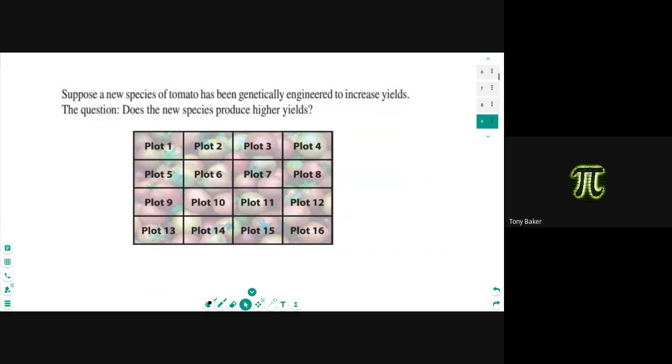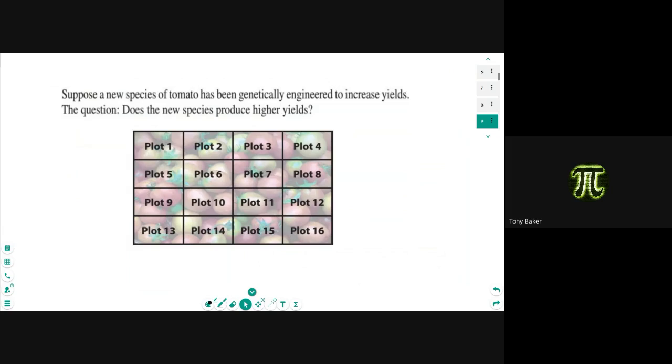All right. Suppose you're going to plant a new species of tomato that's been genetically engineered to increase yields. And I know everybody's like, oh, it's genetically engineered, it's bad. All the food you eat is genetically engineered. Every single thing you eat today is genetically engineered.